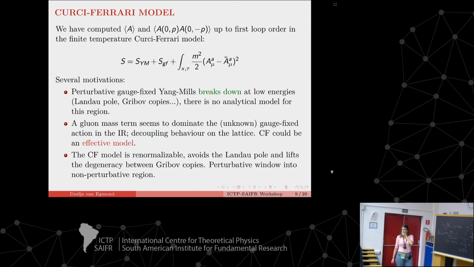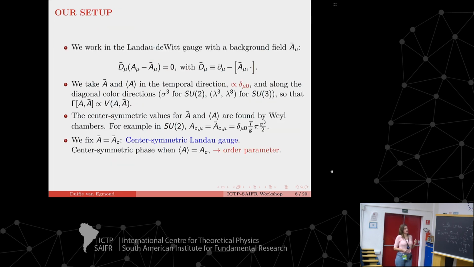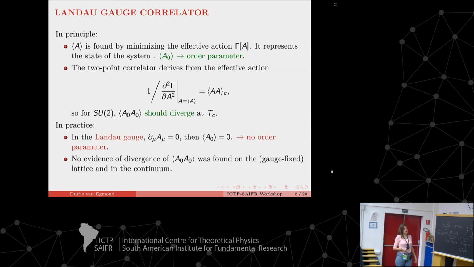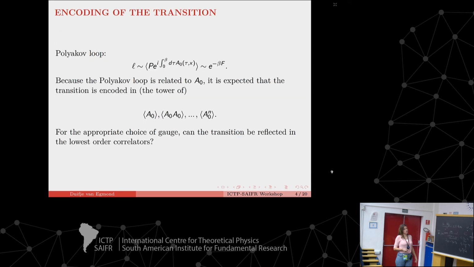If I remember well, the A0 expectation value is also an estimate of the Polyakov loop itself? The A0, the one-point function? It's related to the Polyakov loop itself, the cosine of r over 2 for SU2?